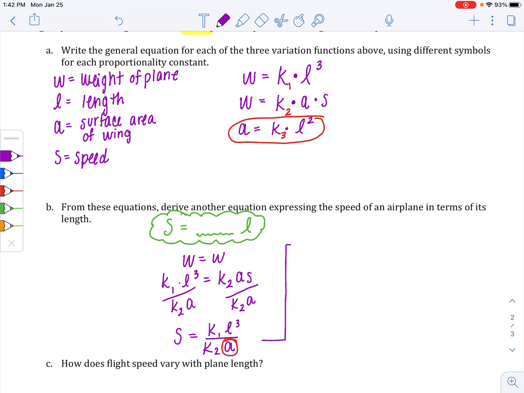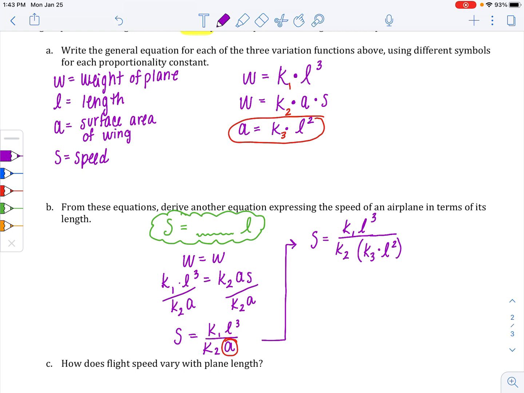So look at that, the puzzle's coming into play. I'm going to rewrite this: K1 L cubed over K2 times, instead of A, the K subscript 3, my third constant, times L squared. Which is great.